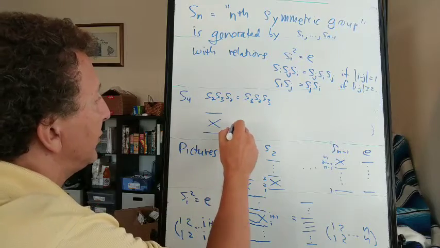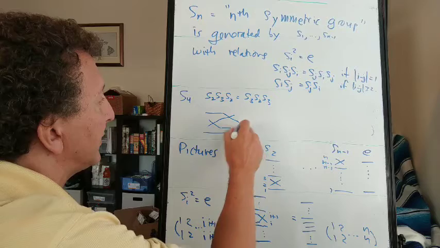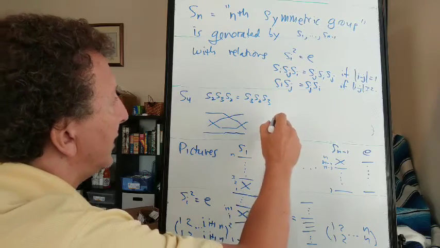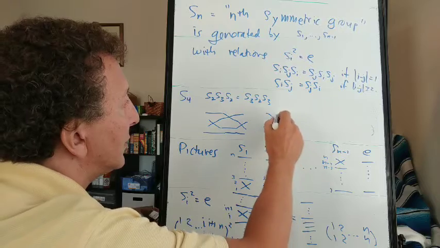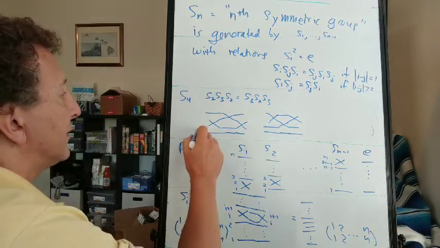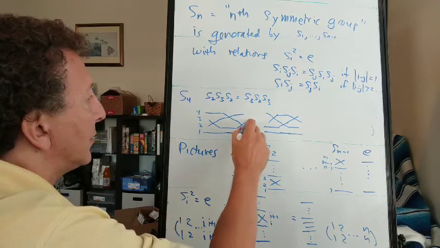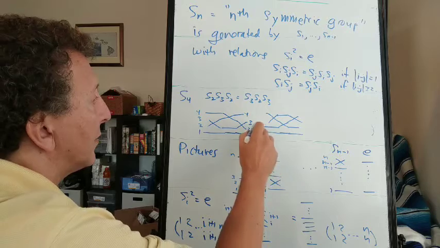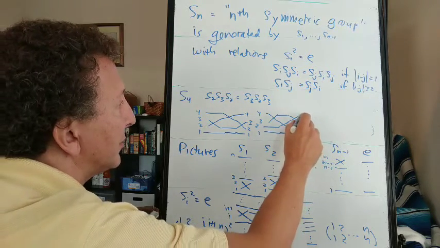So here's S2, here's S3, here's S2, and then 3, 2, 3 looks like that. So if we follow the wires across, hopefully we'll get the same thing both times.